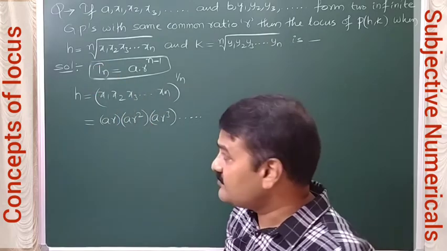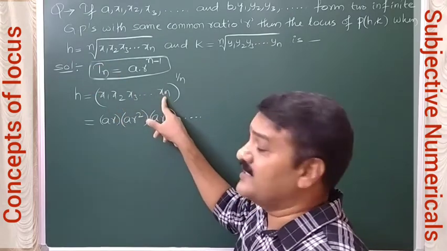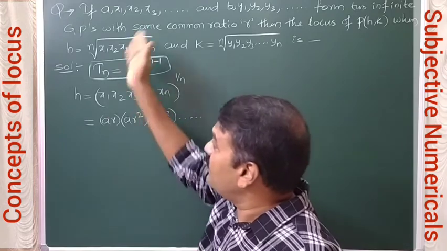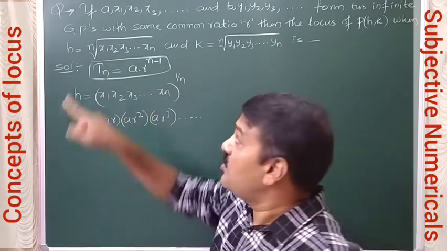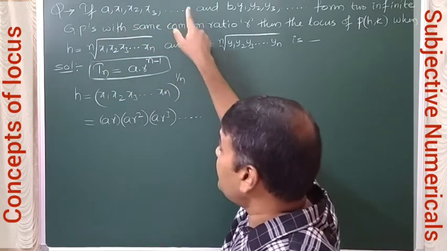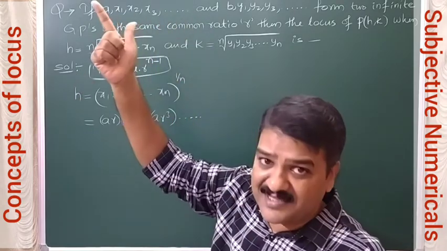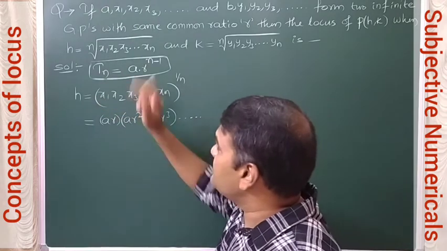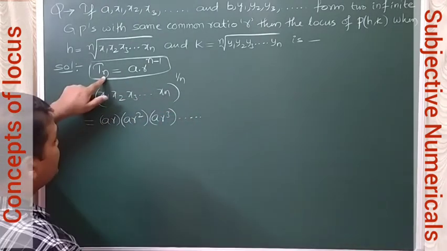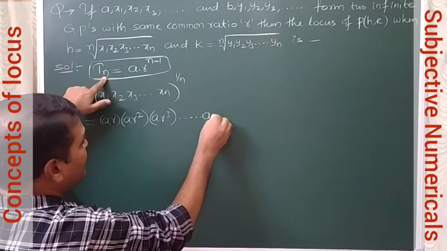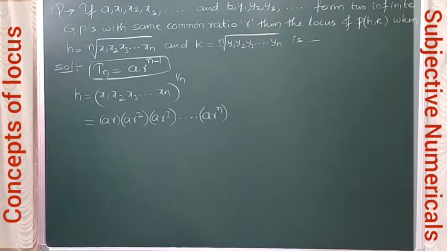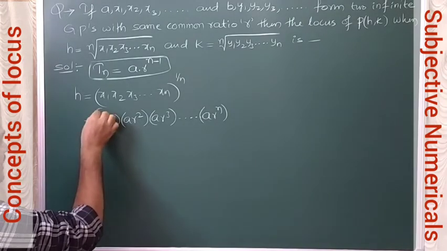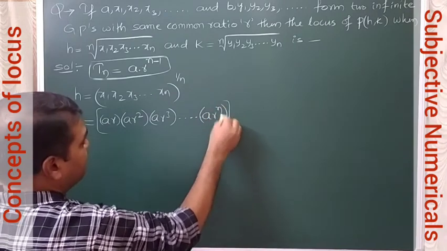If you add a also, this is going to be the n plus 1th term of this infinite GP. So put n plus 1 here. What you will get is a into r power n. So a into r power n, whole power 1 by n, I will take.